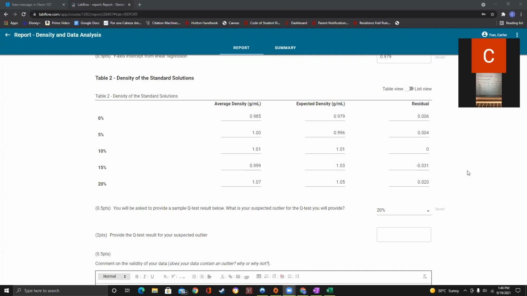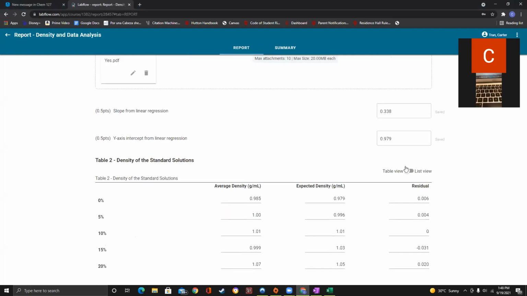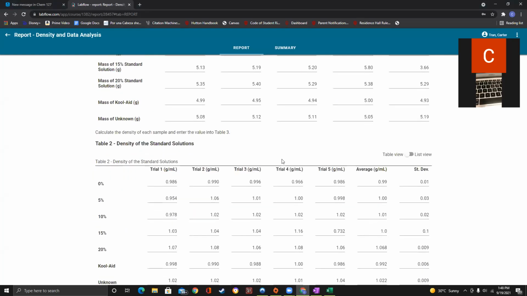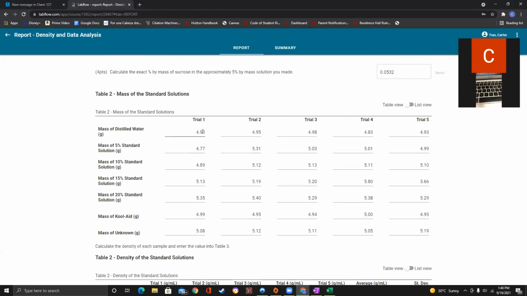See how your trials keep increasing? Yeah. If I share my screen right now, let's see, where is it? They should all be around the same value like this. Mass of the standard solutions.